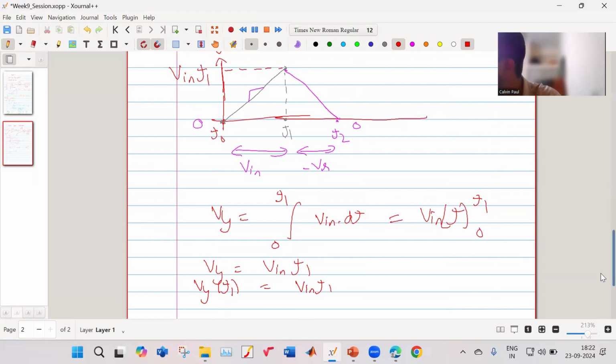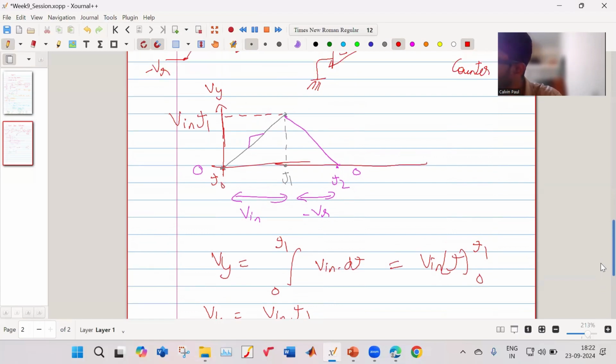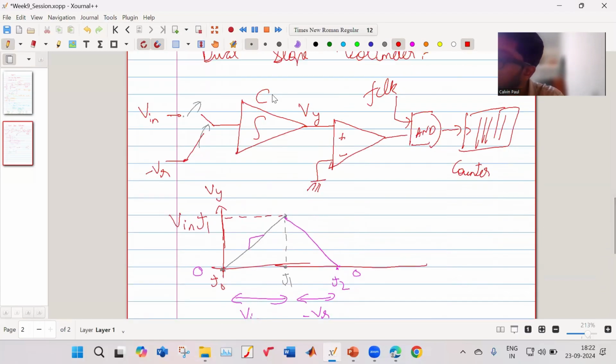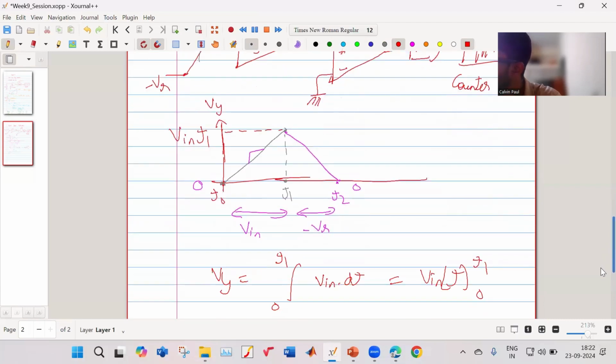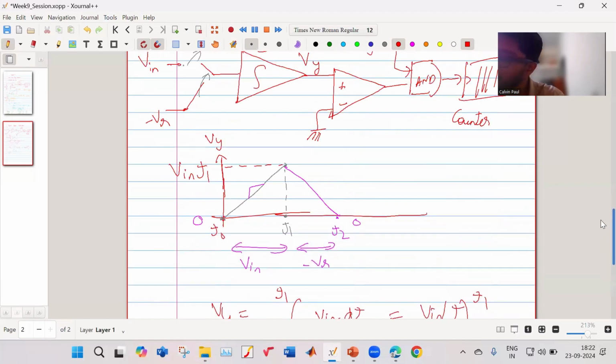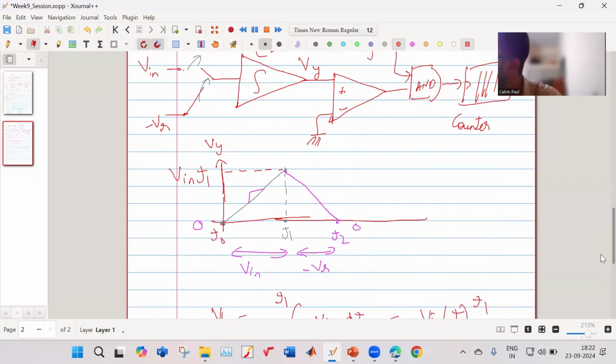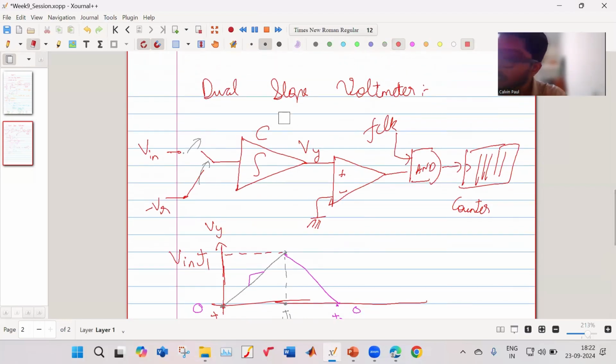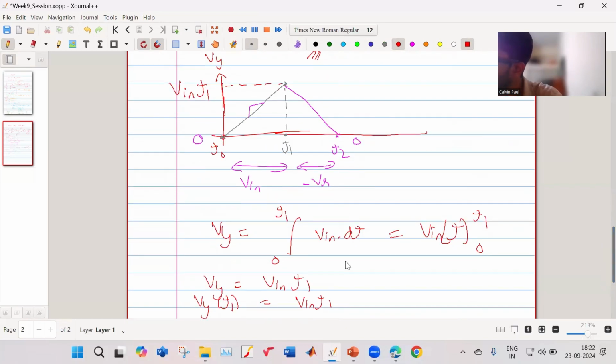Now, we have assumed that the constant of integration of your integrator is 1, for the time being. But we need that constant of integration actually. There's a constant of integration C. So what will be the output of your integrator?